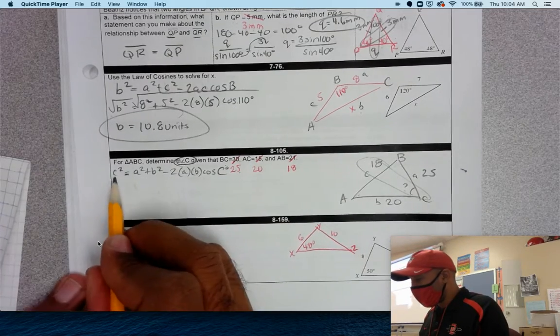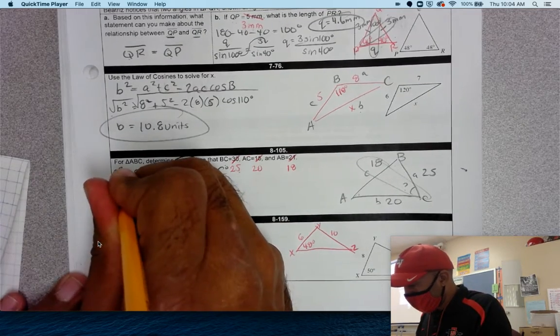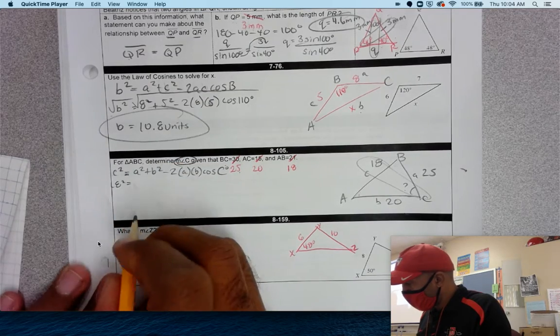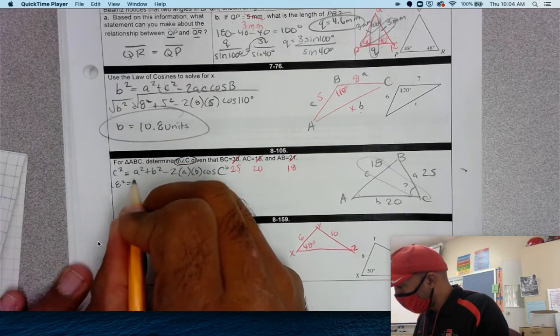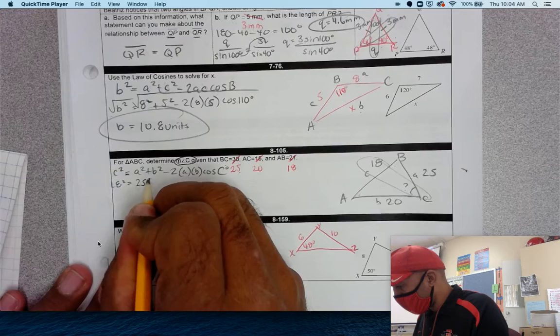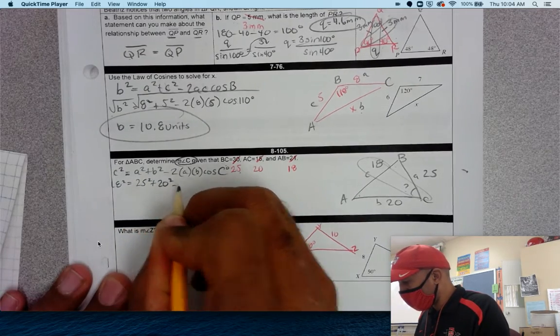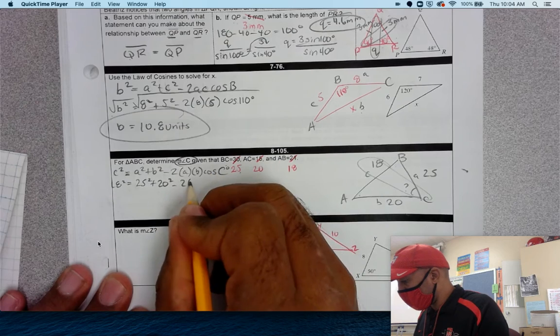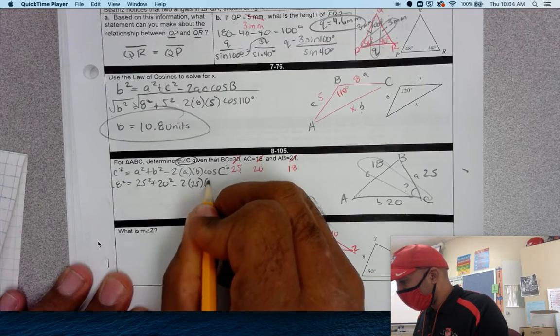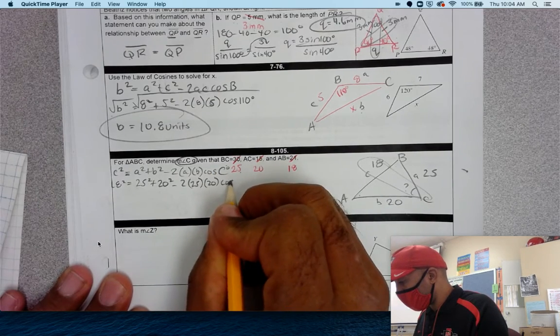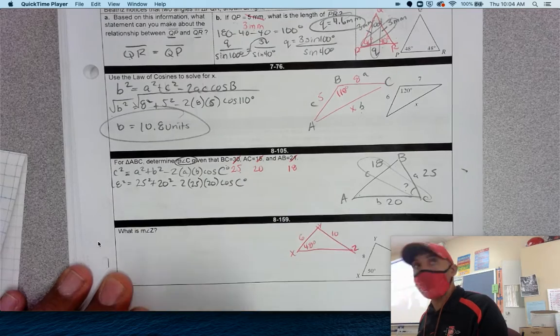Okay, so now c squared, which is 18, okay, and then plus a squared, which is 25. That's why it's always good to label your triangles. That way you can kind of see where everything goes. Then 2 times 25 times 20 times the cosine of the angle you don't know.